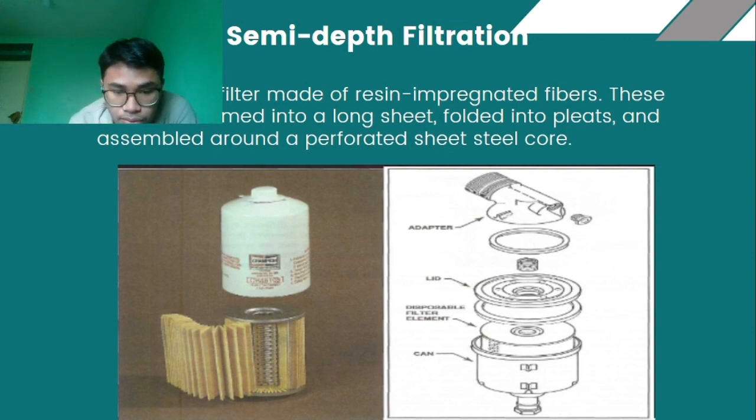So, as oil flows through the filter element, larger particles are captured by the mechanical filtration mechanism, while the smaller particles are captured by the adsorptive filtration mechanism, which relies on the attraction between the filter media and the contaminants.